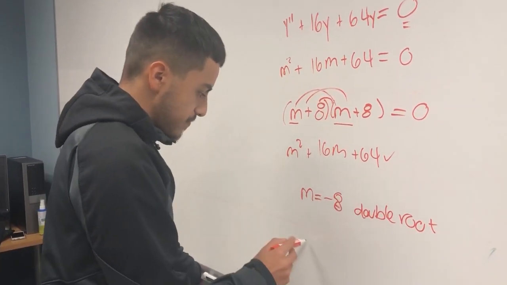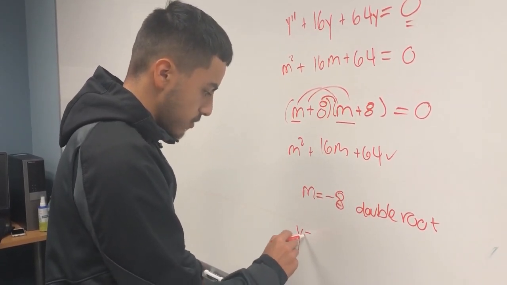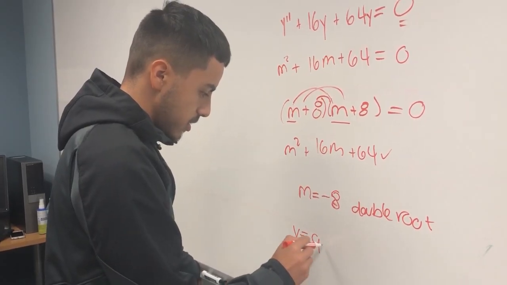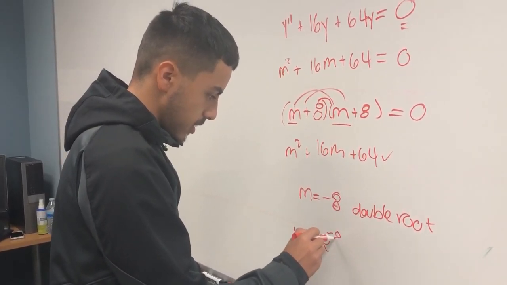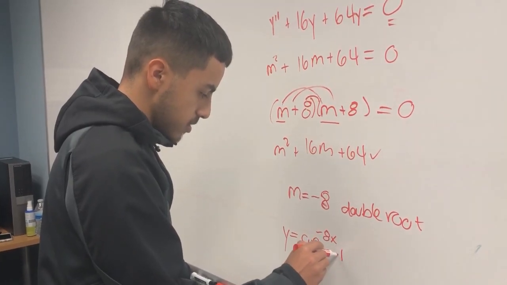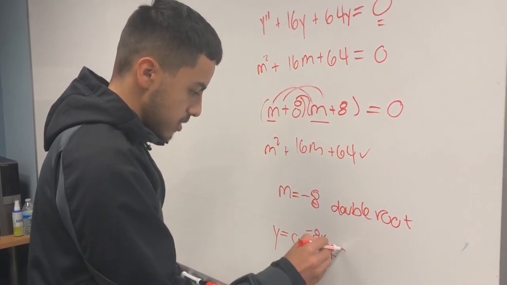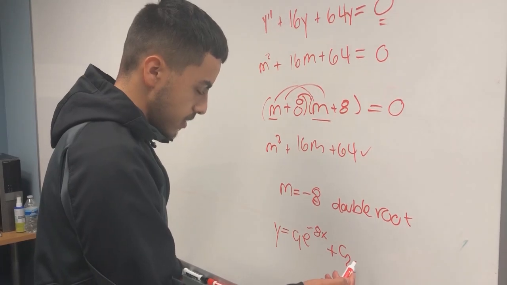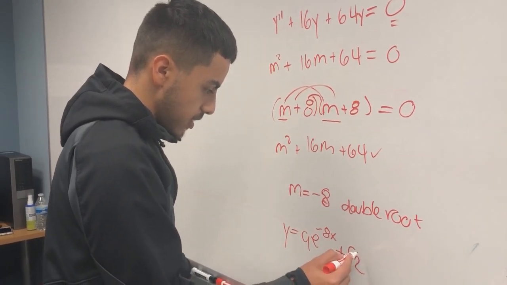It was like y equals c1 e to the negative 8x, and then the second part was a c2. And now this is a double. So what happens now?